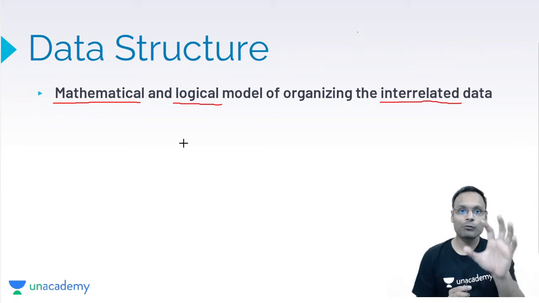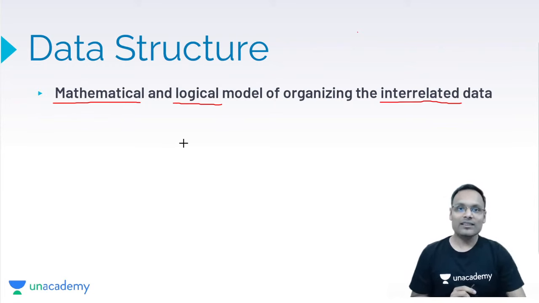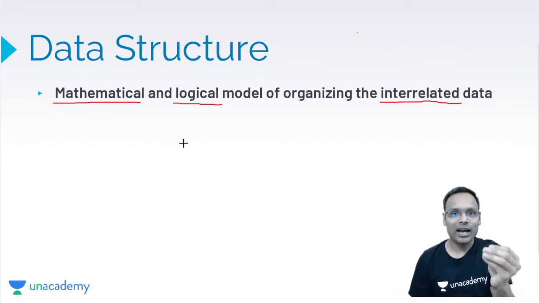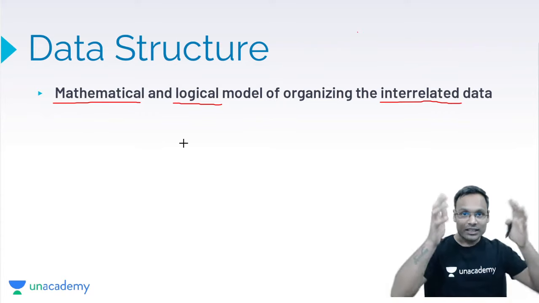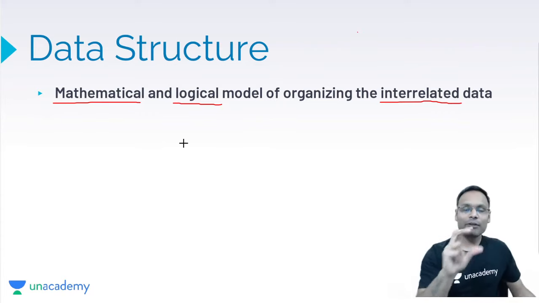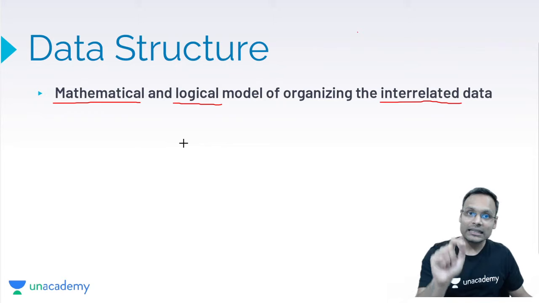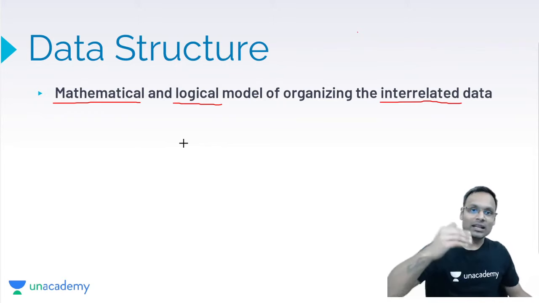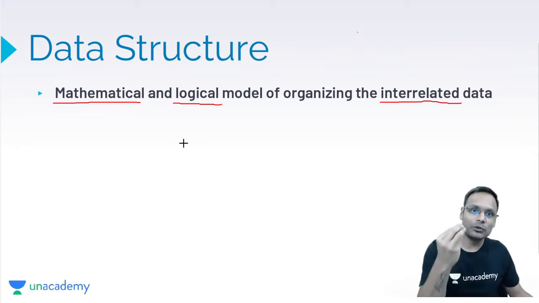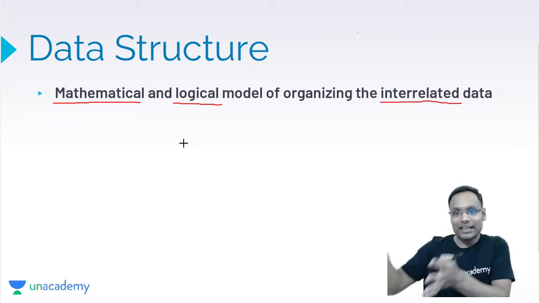If you are aware of the queue data structure, in a queue we have the FIFO kind of organization. The stack data structure has a predefined manner of organizing the data. What is the manner? LIFO kind of structure, meaning last in, first out. Whichever element you insert last should be deleted first.